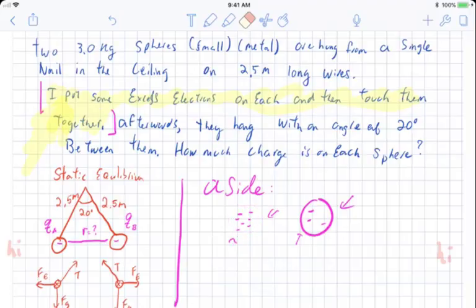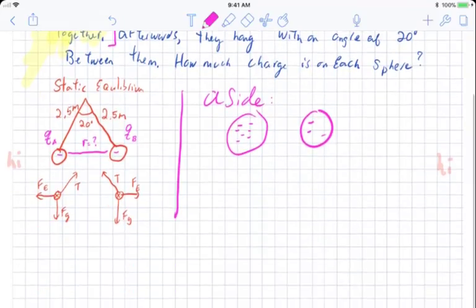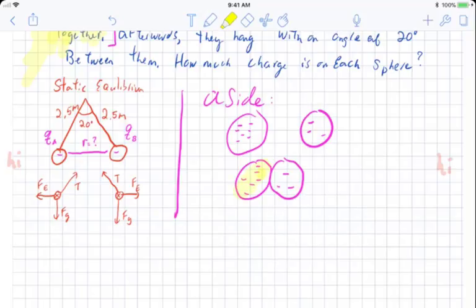When I touch the two together, when you touch the two charged conductors together, these electrons, there's more pressure between them than pressure coming from these guys pushing on them.